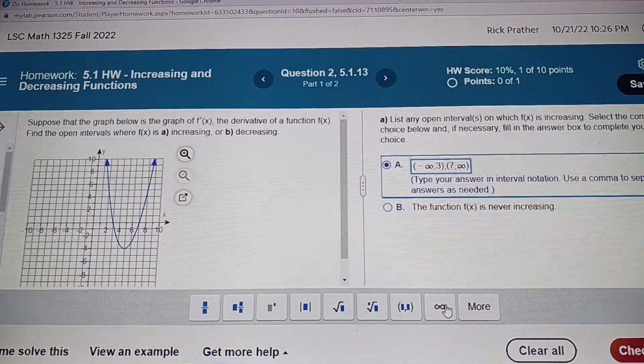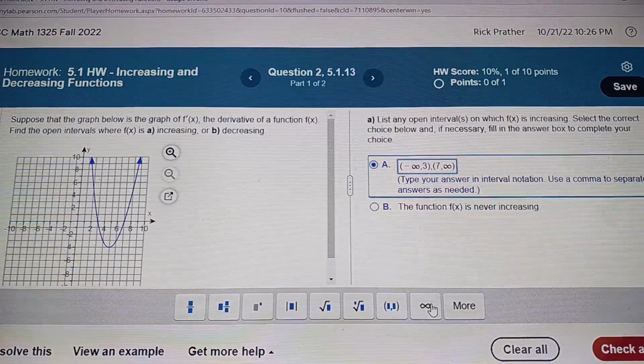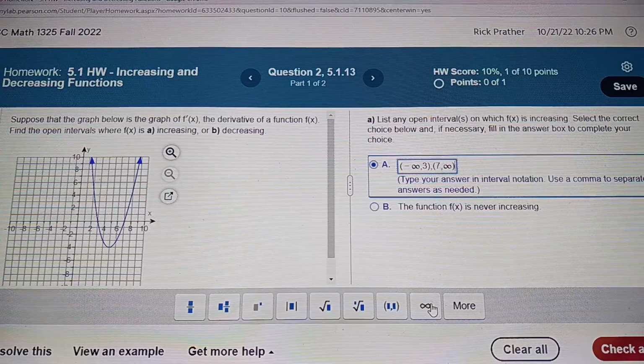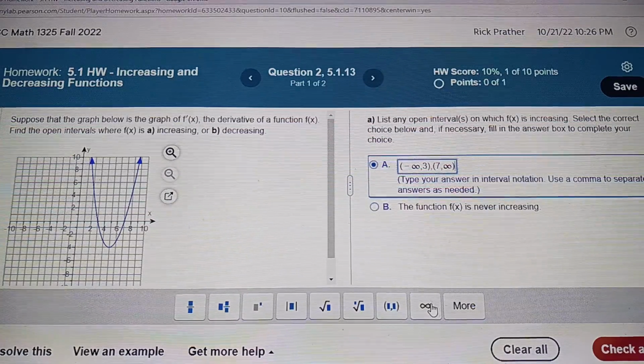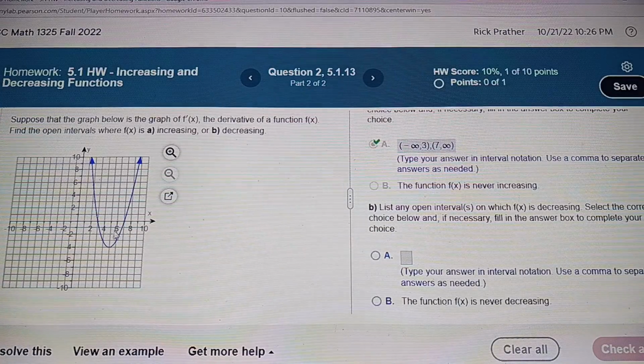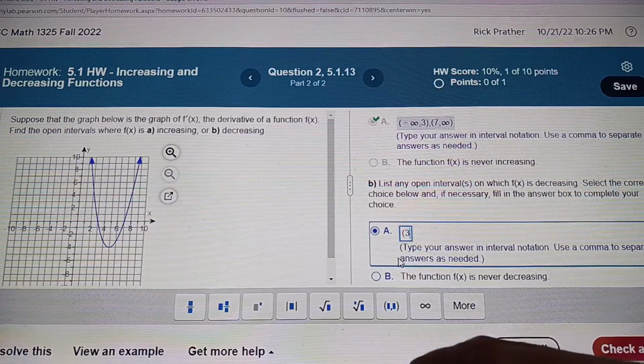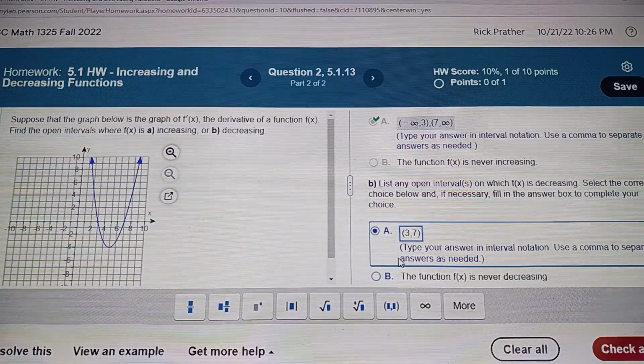So if they give you a derivative graph or you draw your own derivative graph, it's not about when that graph is going up and down. It's about when is it above the x-axis, when is it below the x-axis. So between 3 and 7, that's when the original function will be decreasing. And we'll confirm this as we go through this chapter too.